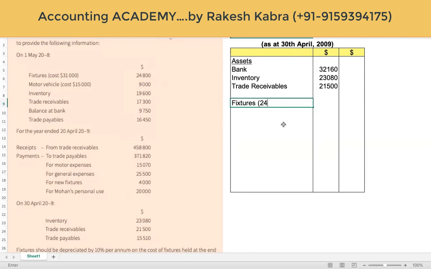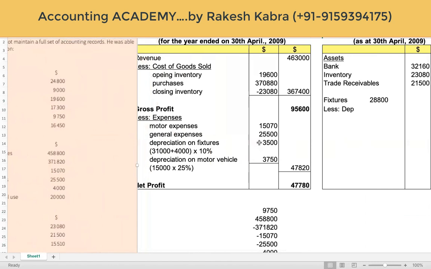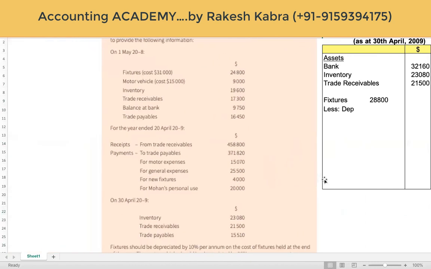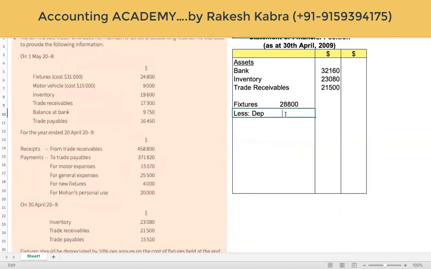After adding purchases to the opening value, we got 28,800. From this I will subtract depreciation on fixtures, which was 3,500. So 28,800 minus 3,500 is the closing book value of the fixtures. Clear?